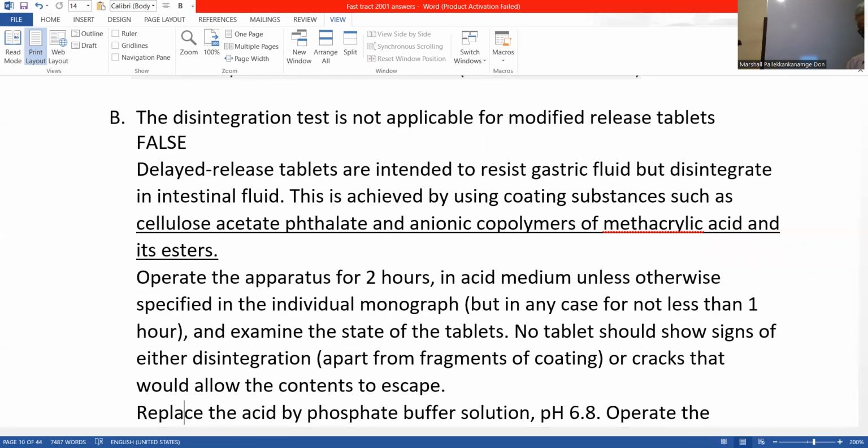But the disintegration test was not done sometimes, like 10 years before, for those tablets. But now they are doing the disintegration test for delayed release tablets. So modified release tablets now undergo the disintegration test. So normally the disintegration test is done for almost all the tablets.